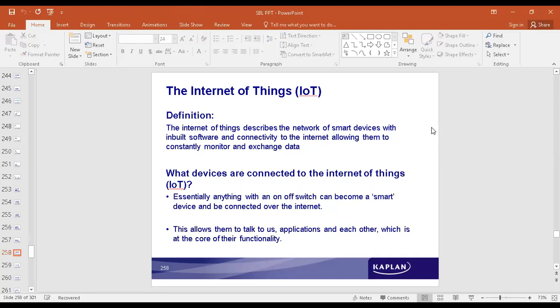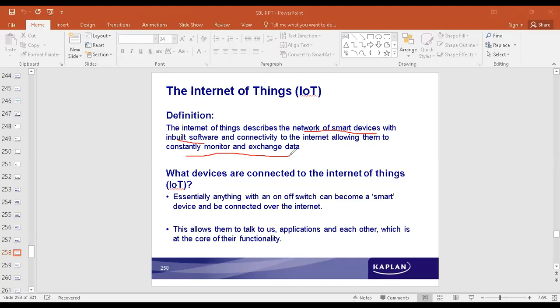What's IoT? Many smart devices are all the time connected to the internet. It talks about the network of smart devices with internet connectivity, with built-in software and connectivity to the internet, allowing them to constantly monitor and exchange data.